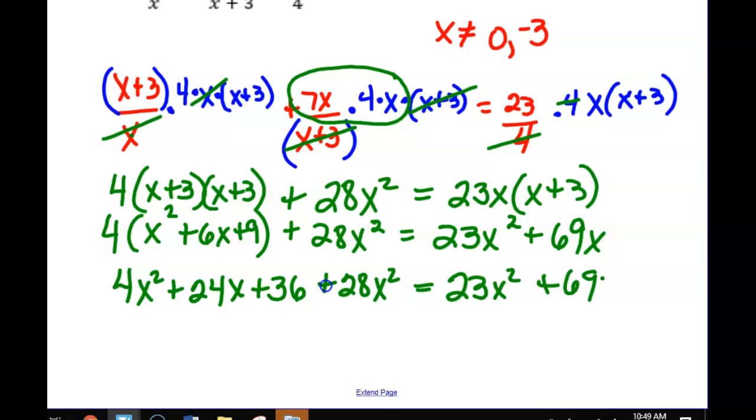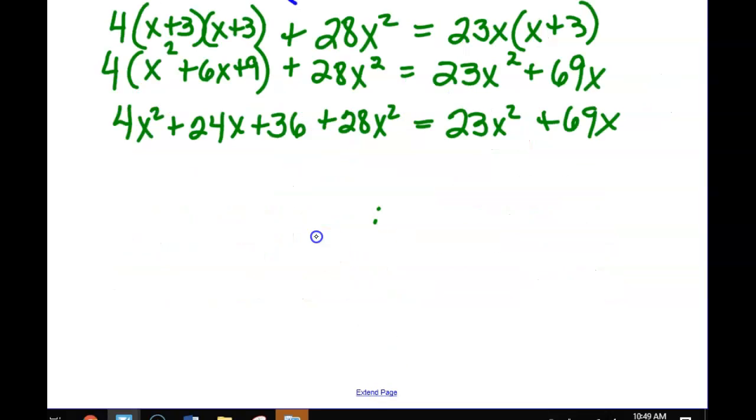All right. No crying in pre-calc. We need to subtract this 23x squared over to this side and the 69x so that we have equals 0. All right. There are more than these 2x squareds though, right?